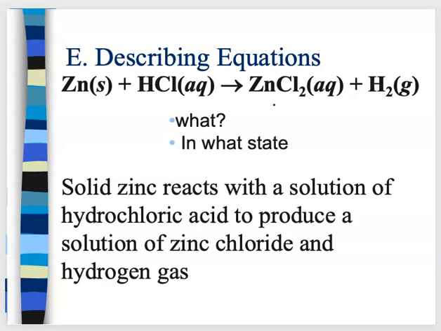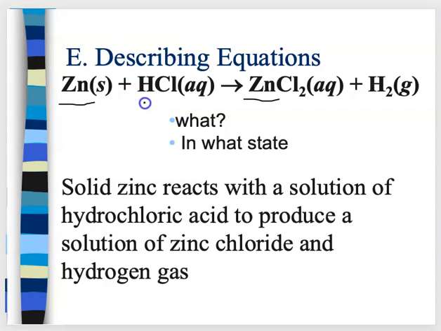So you guys are going to be looking at equations and determining whether they've met the conservation of mass requirement for all chemical reactions. And I can look at this one and I can kind of see that I've got 1 zinc here and 1 zinc here.